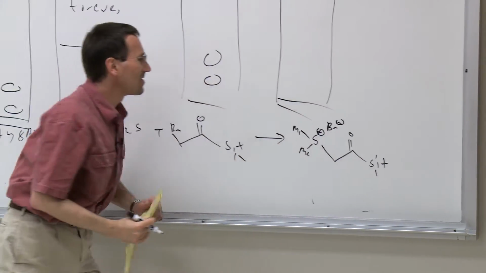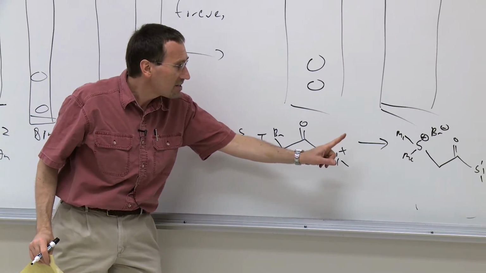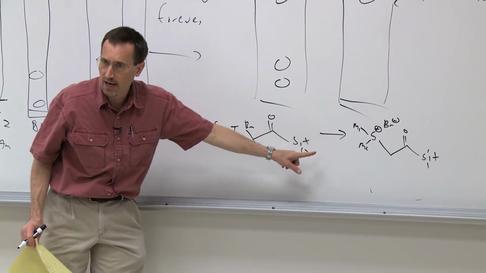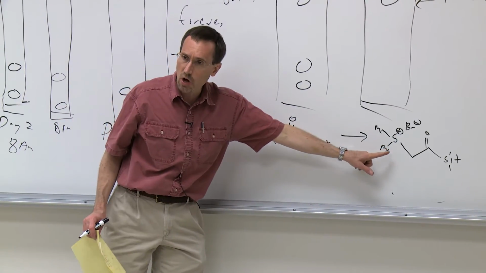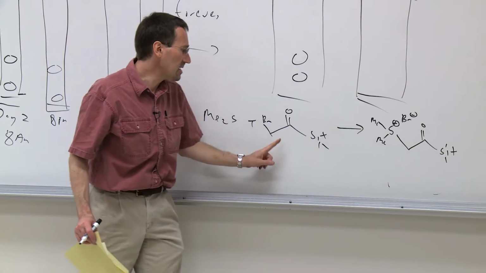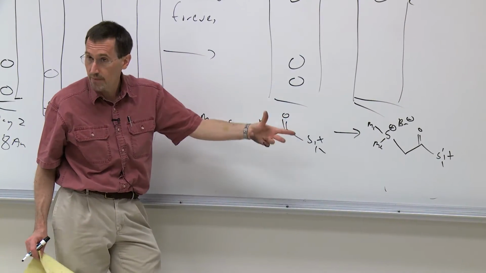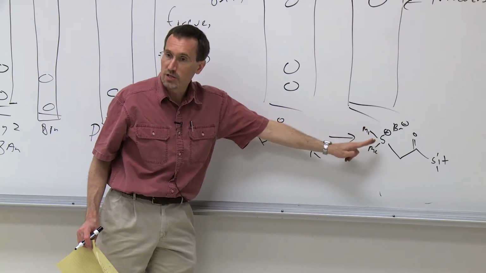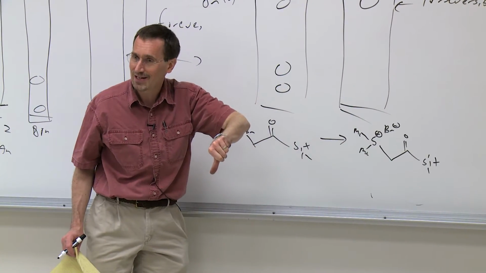And this reaction was a lot of fun because when I did it in pentane, which was the solvent I used, the salt, actually I think I did it in neat dimethyl sulfide, but it was a nonpolar solvent. Maybe I did it in pentane and dimethyl sulfide. The salt precipitated out as a white solid.